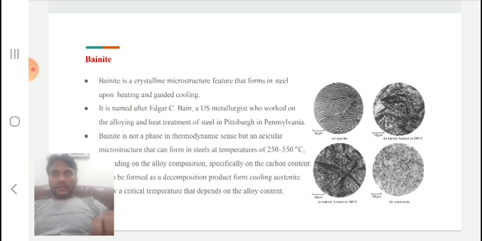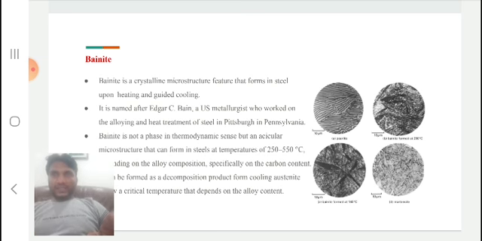The subject I am going to deal with is engineering materials, subject code 18M305C, and in the fifth unit I am going to discuss bainite. So bainite is a crystalline microstructure feature that forms in steel upon heating and guided cooling.